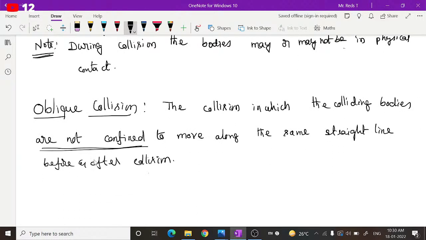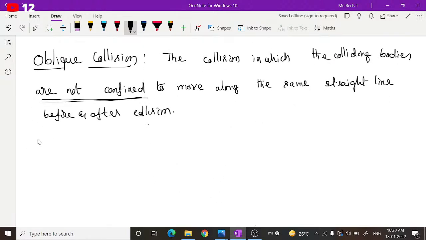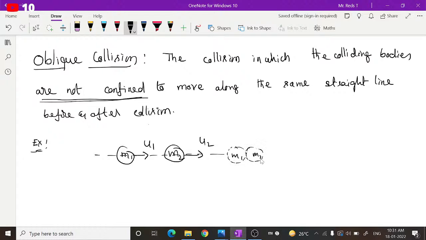Now note down: two bodies m1 and m2 are moving with velocities u1 and u2 along the same line. They undergo some interaction for a short interval of time. We need to discuss two more terms, line of motion and line of impact, after this.